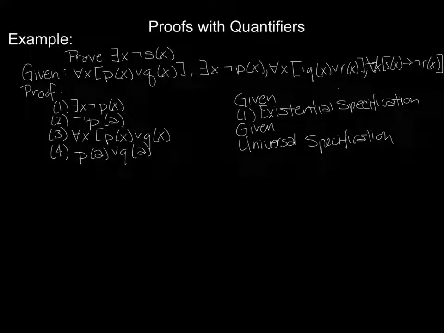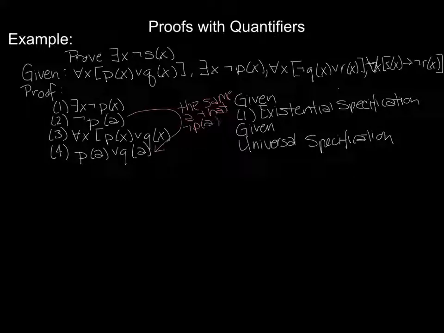So again, it's important to realize that this P of A is the same A that makes not P of A true. And again, you can do this because this is true for all x, so you can plug in any A you want.